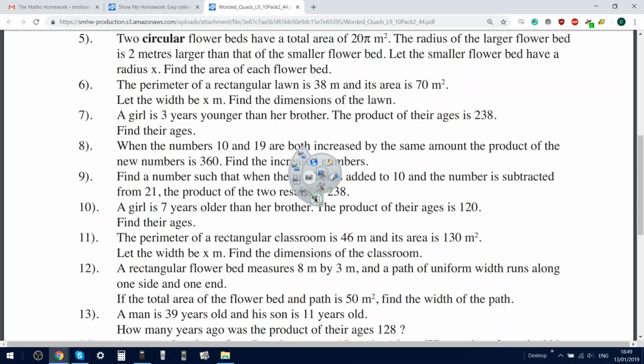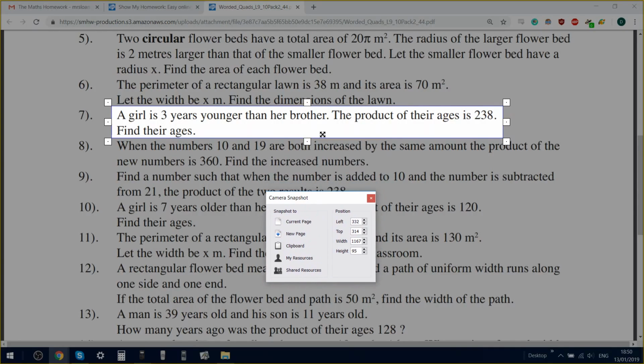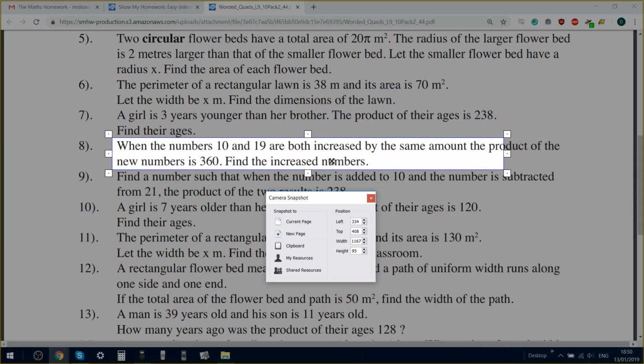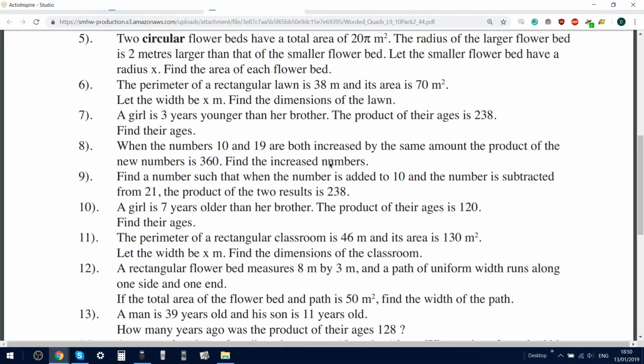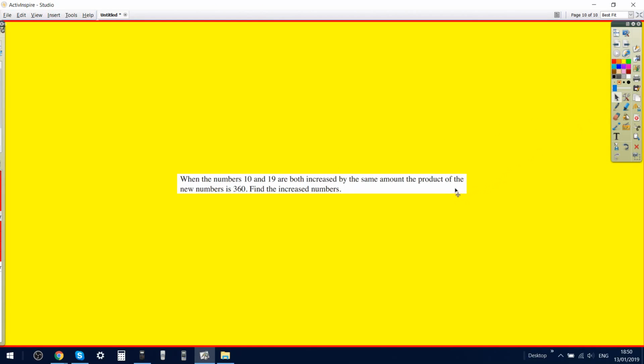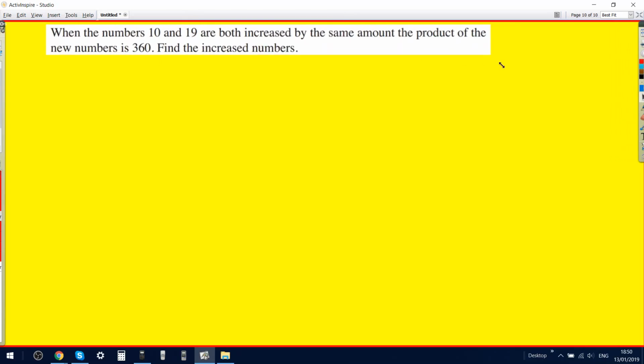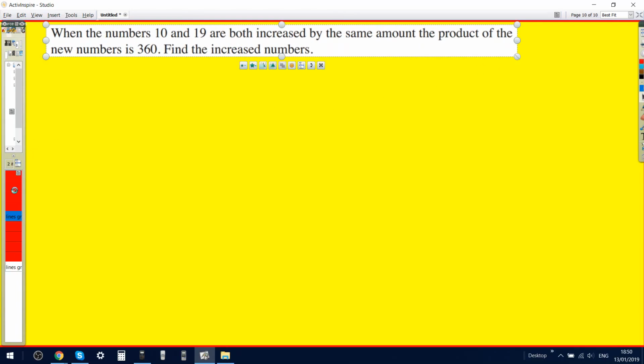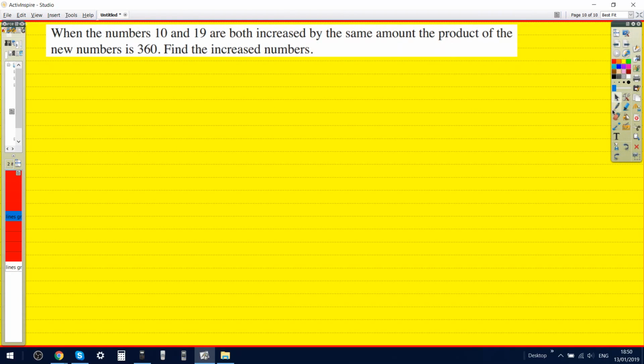How are you for 8? So you might have an idea for it now. How about this? When you add, for example, x to both 10 and 19, and then you multiply both of them, you get 360.